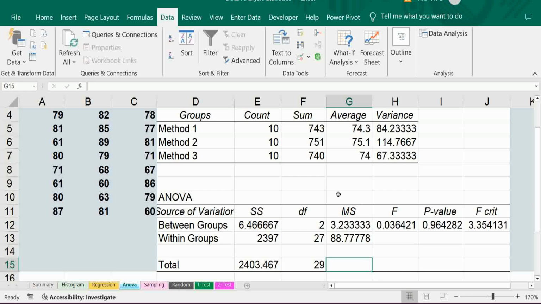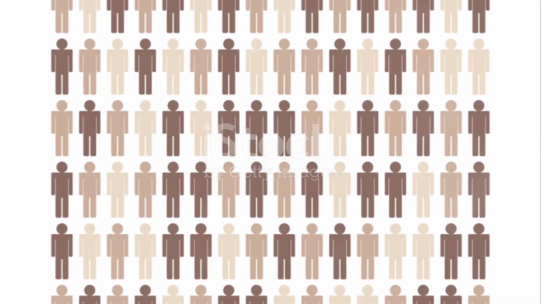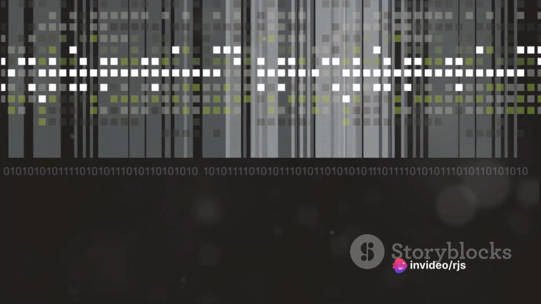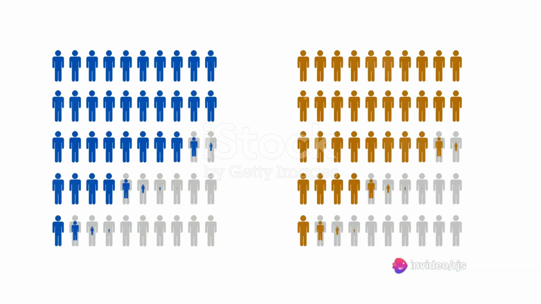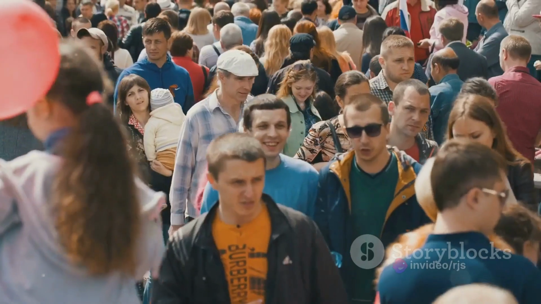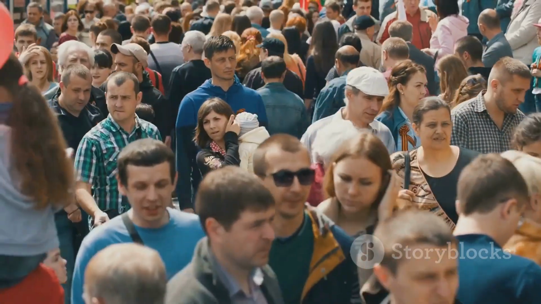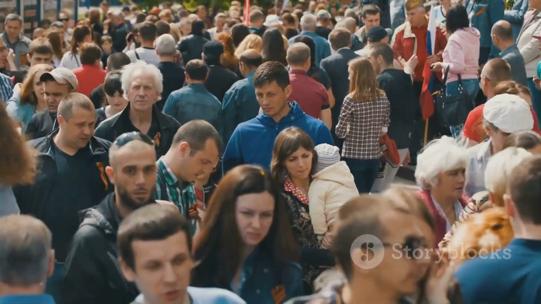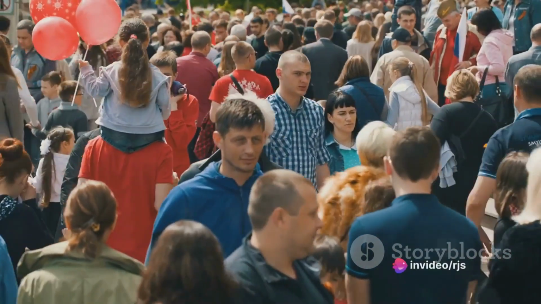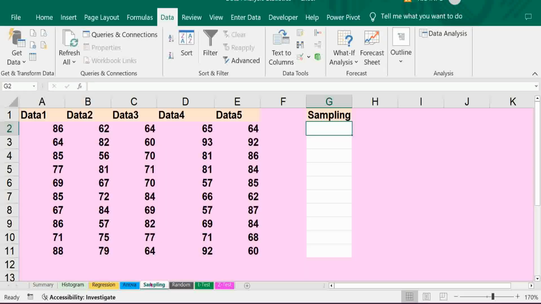This is done. Sampling is another vital tool. It's a statistical method that involves selecting a subset of individuals or elements from a larger population to make inferences about the entire population. The objective here is to obtain a representative and unbiased subset that accurately reflects the characteristics of the entire population. How to get sampling?